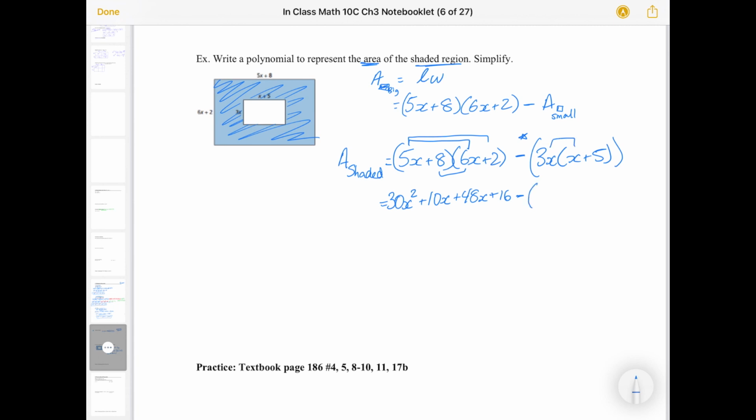All right, 3x times x, that's going to be 3x squared, plus 3x times 5, 15x.